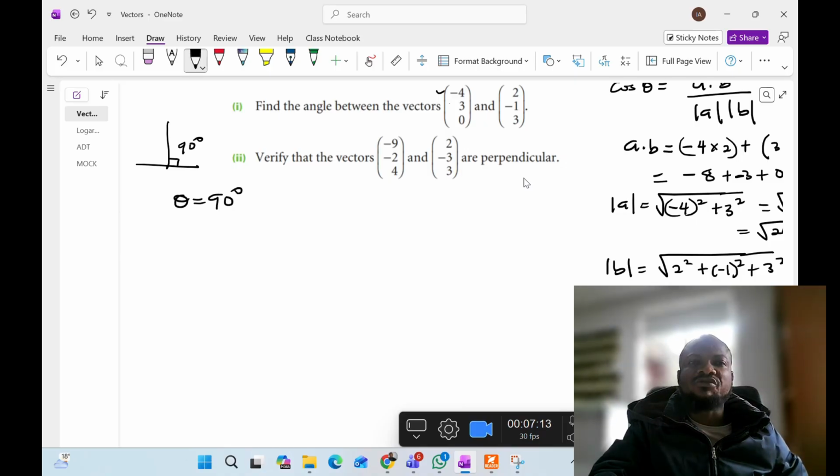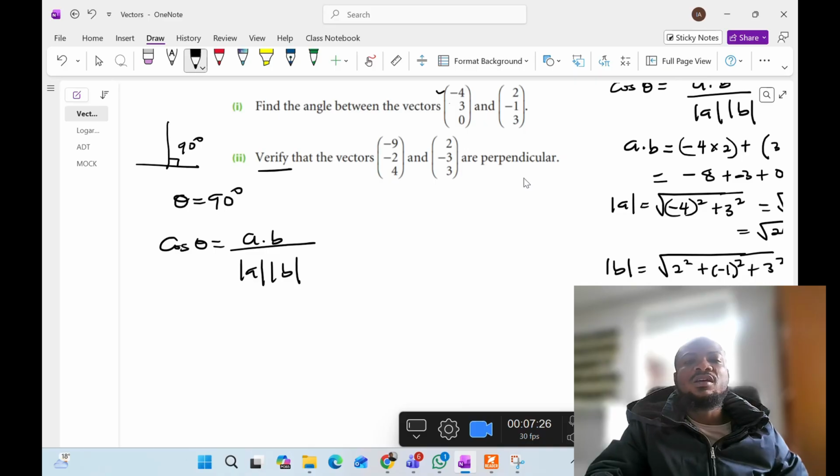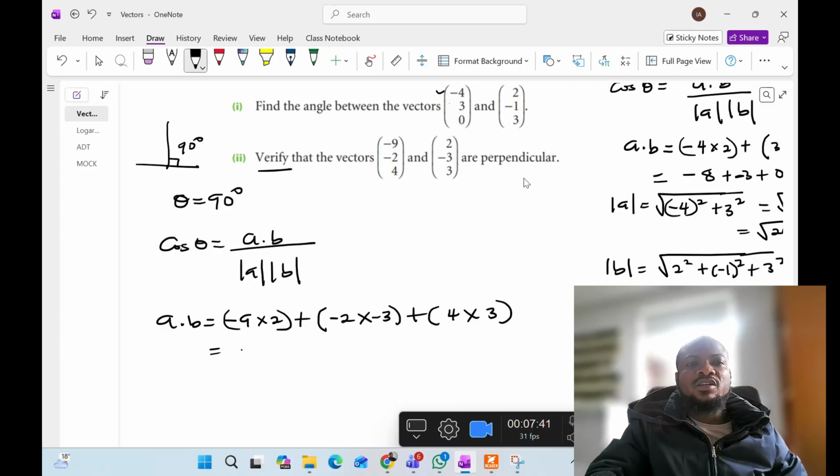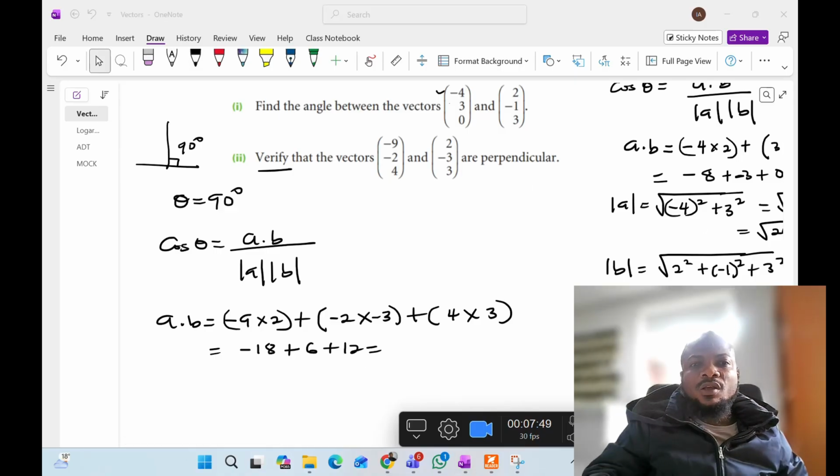So like I said earlier, cos theta will also be equal to A dot B over the absolute value of A times B. A dot B is equal to A1 times B1 plus A2 times B2 plus A3 times B3, which is minus 9 times 2 is minus 18, plus 6 plus 12, which is equal to 0.